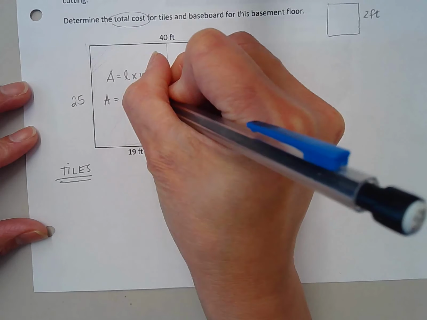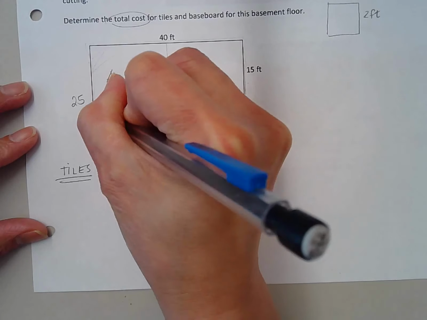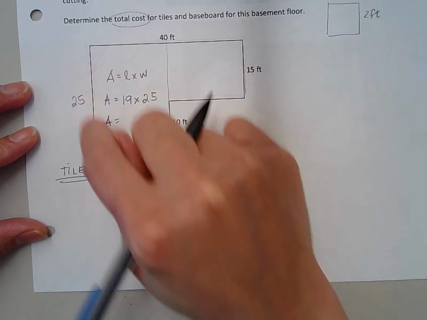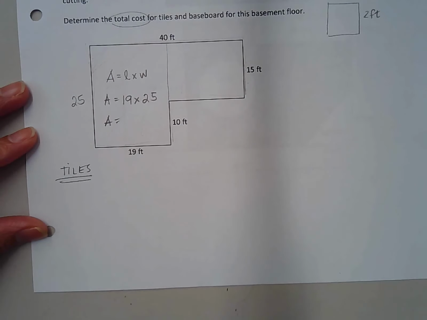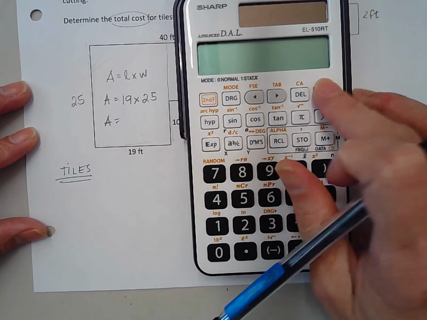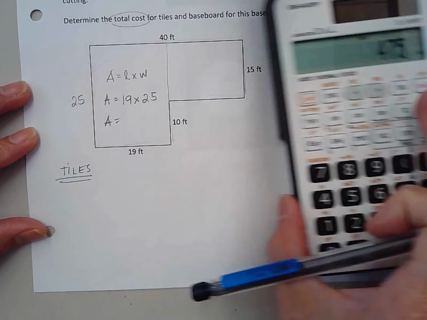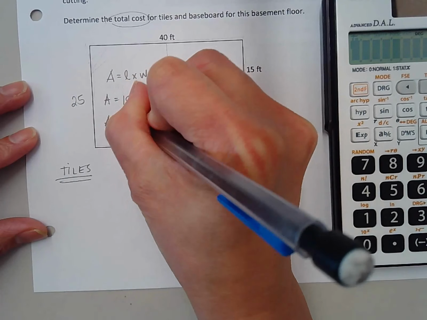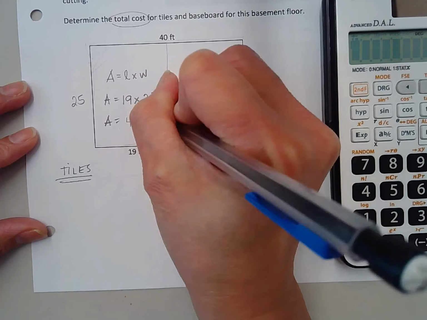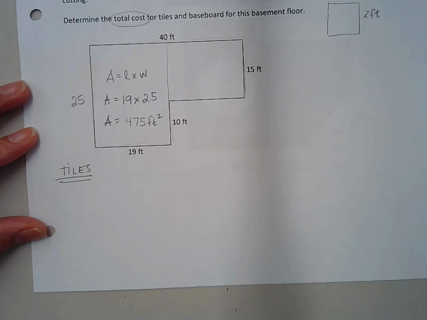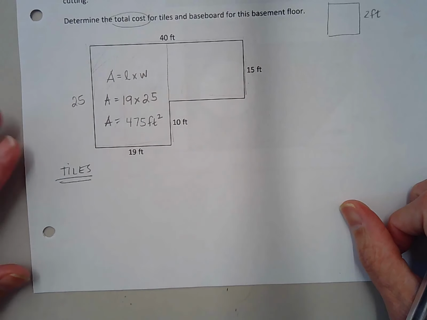So the area of this part here is 19 times 25. So it's going to be 475 square feet. Okay, so far so good. So that's not too bad.